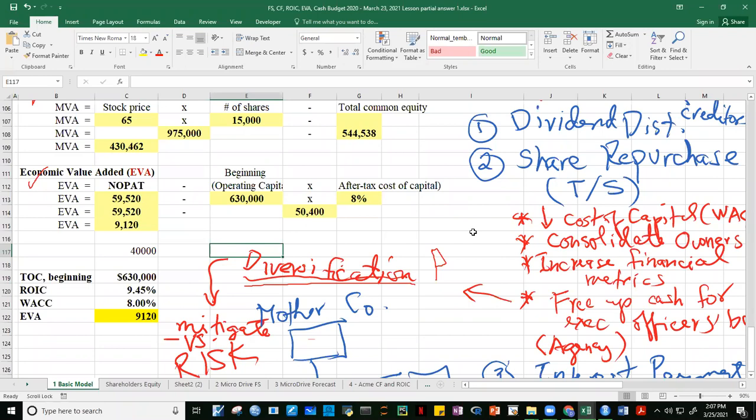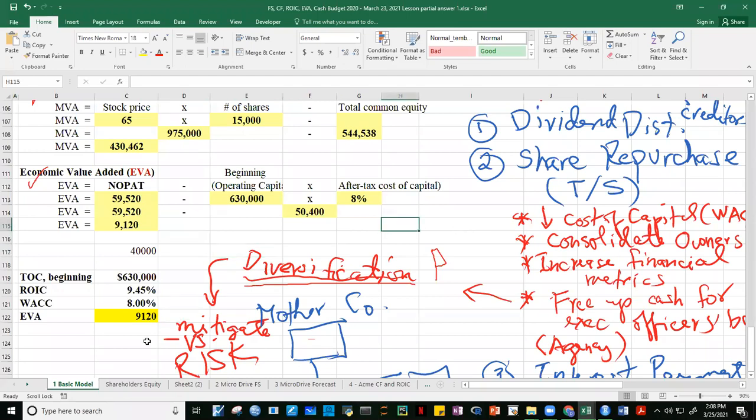Okay. So the net we get is 1.45% on the capital given to us, 630,000. We earned a net of 1.45% on it. Where did the 1.45% come from? ROIC of 9.45% minus the WACC of 8%. So conceptually, guys, you subtract the WACC from the ROIC; you don't multiply. Clear, guys?